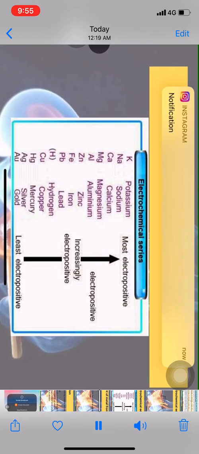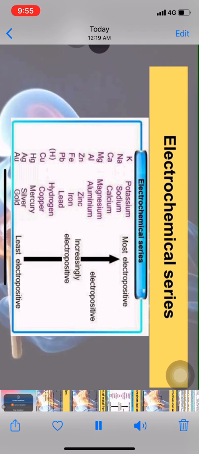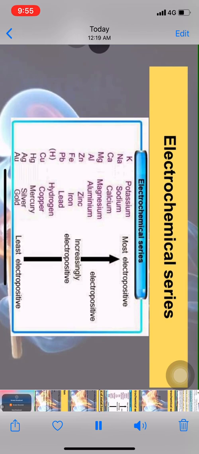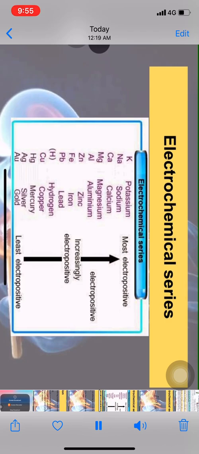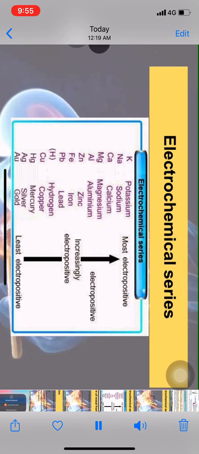We also have lead, hydrogen, copper, mercury, silver, and gold. For your information, at the top of those metals is the most electropositive metal, and at the bottom, Ag and Au, are the least electropositive metals.